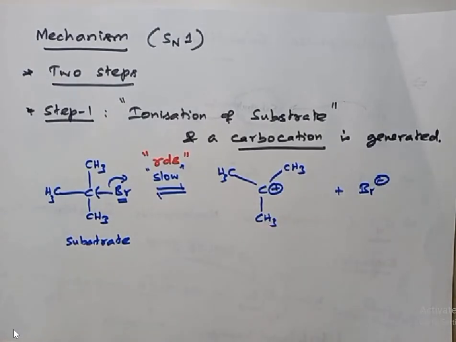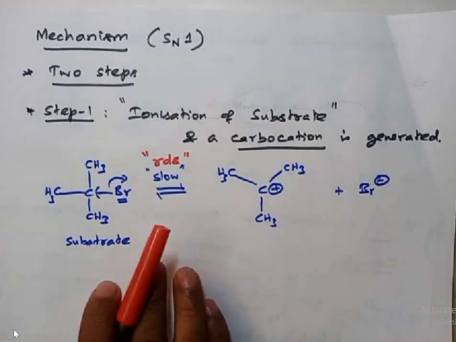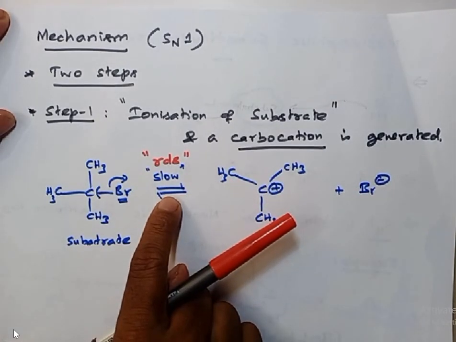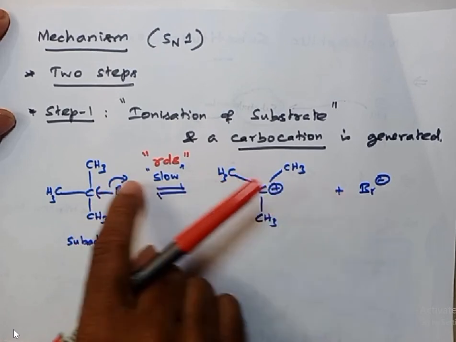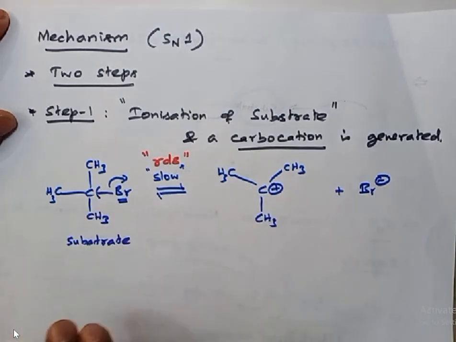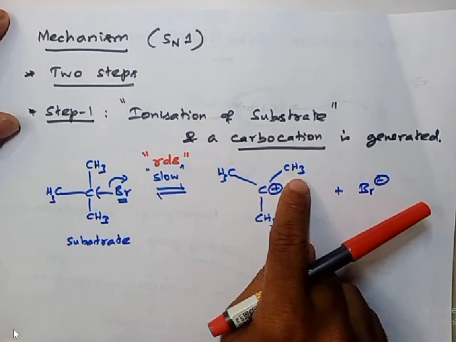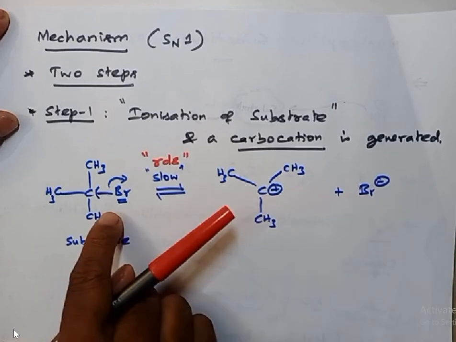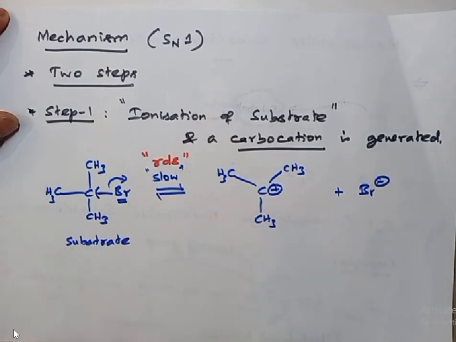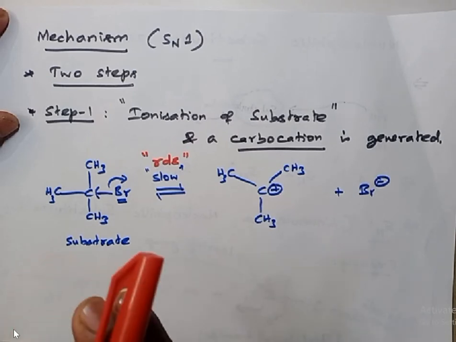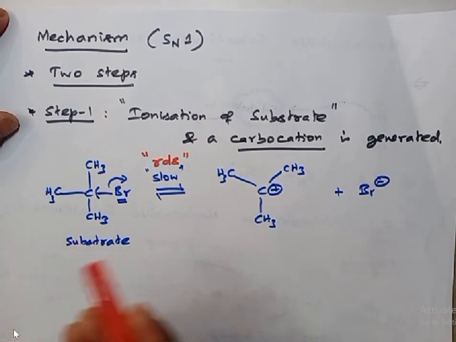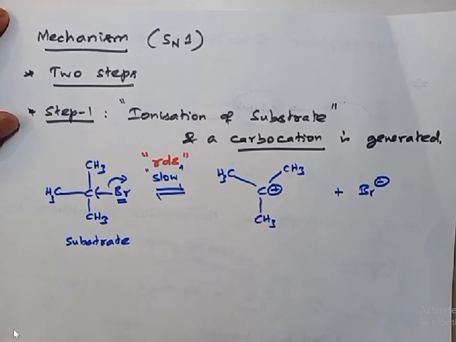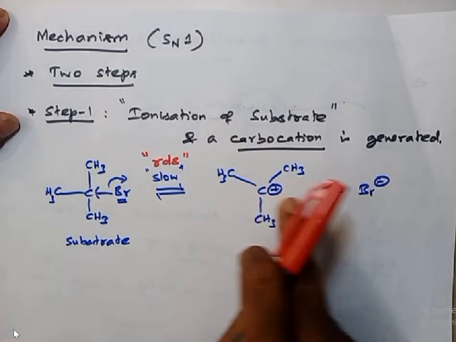That's the meaning. And here, listen, it's reversible, so I put a reversible arrow here. Why? Because in this step, forward reaction and backward reaction will also occur. The forward step is ionization. In the backward direction, these ions may recombine and form the substrate. Backward also will occur. But to get more product, these ions should be stable.